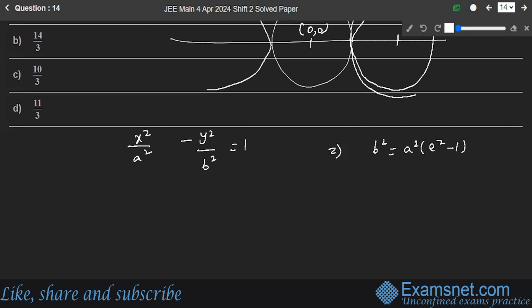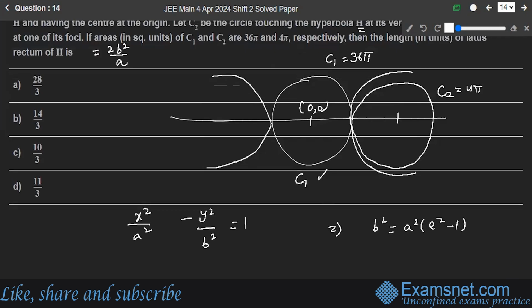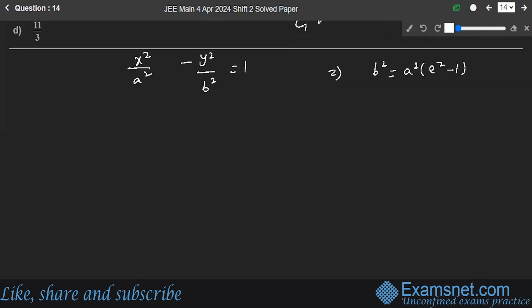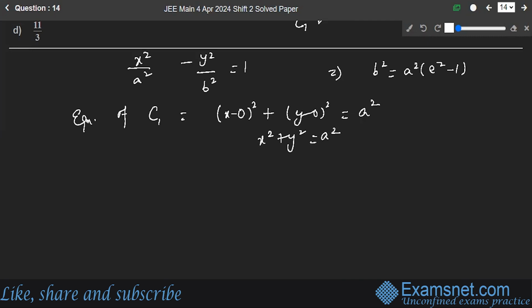Now, this circle C1 has the center at origin, right? And according to the equation of the hyperbola, this is a. So the equation of circle C1 is (x minus 0) whole square plus (y minus 0) whole square is equal to radius square, or x square plus y square is equal to a square. Also, you're given the area of C1 is equal to 36 pi.